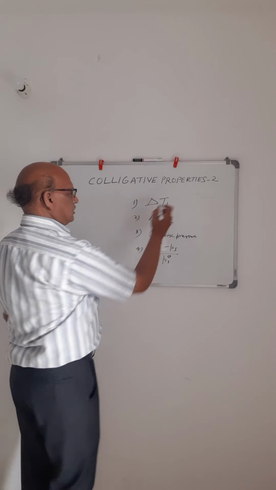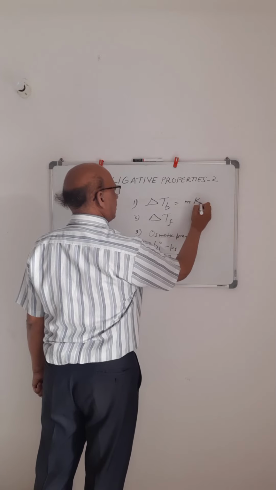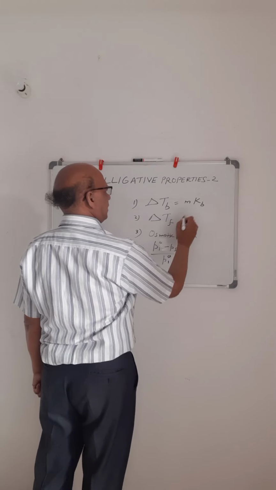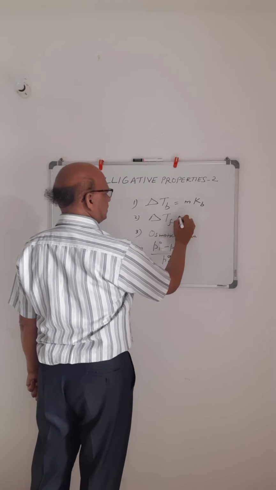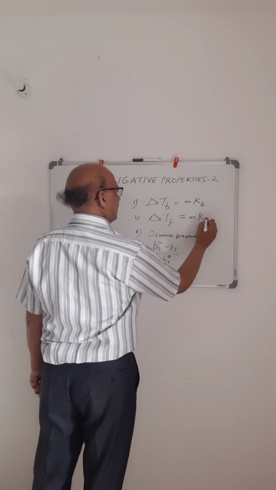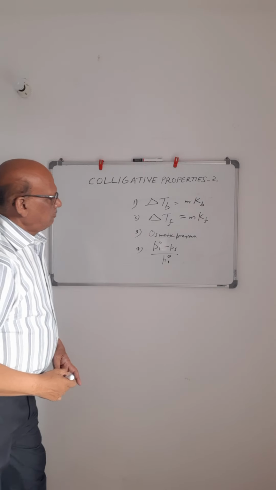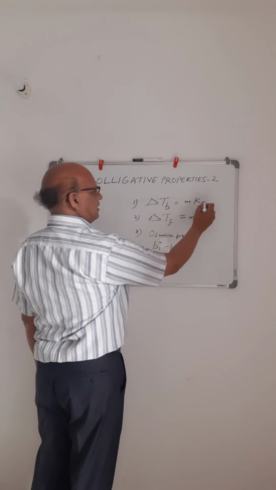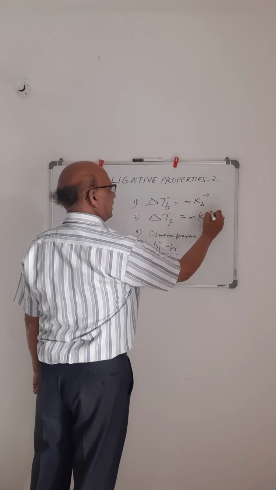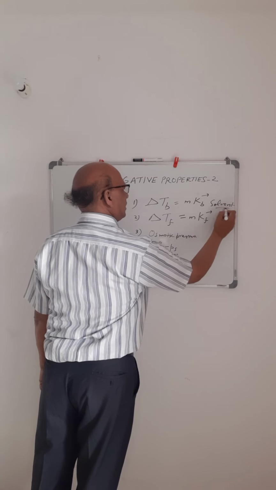Okay, because this delta TB is nothing but molality multiplied by Kb, that is the molal elevation constant. Delta TF is equal to molality multiplied by Kf, that is the molal depression constant, and this Kb and Kf, they are the properties of the solvent, so they depend on the solvent.